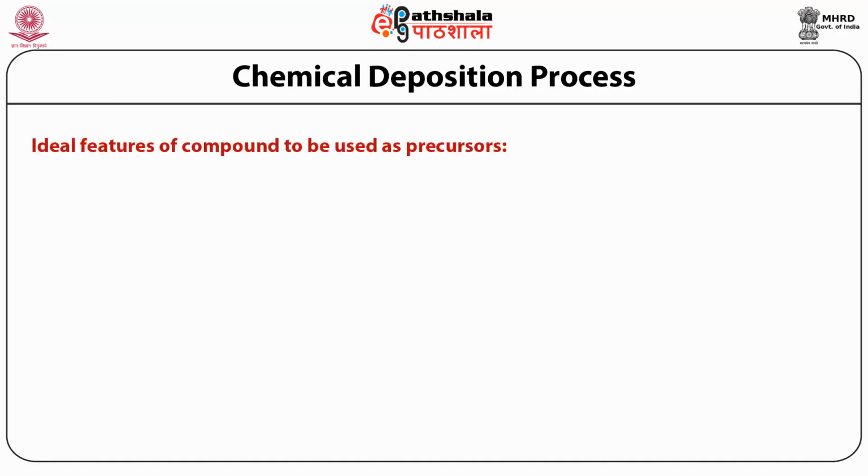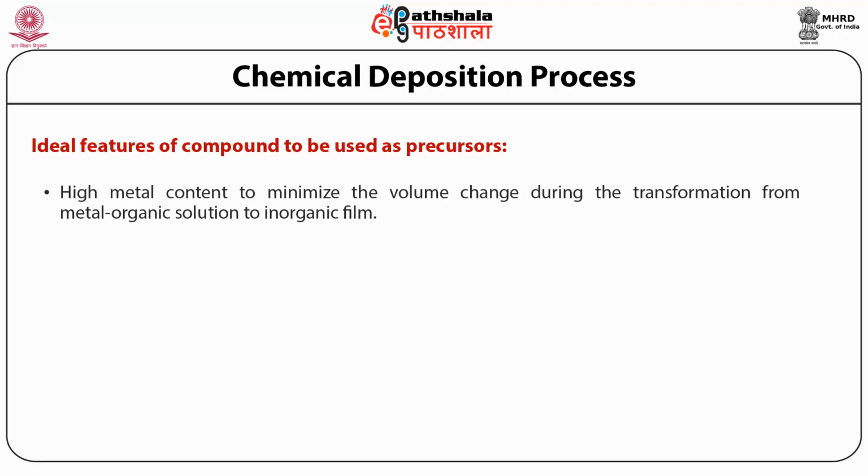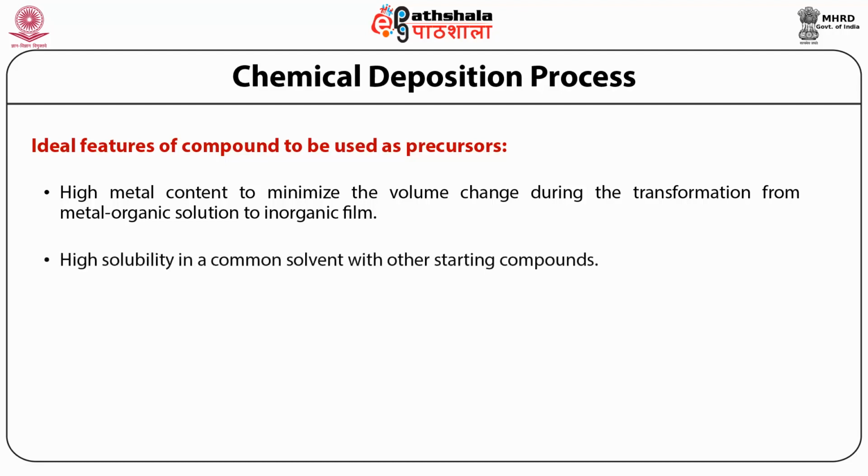Ideal features of a compound to be used as a precursor are: number 1, high metal content to minimize the volume change during the transformation from metal organic solution to inorganic film. Secondly, high solubility in the common solvent with other starting compounds.